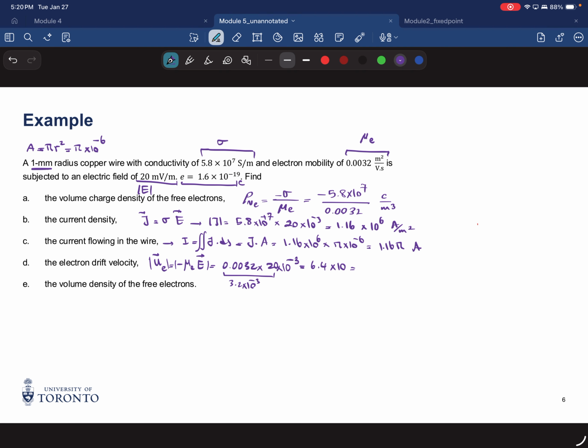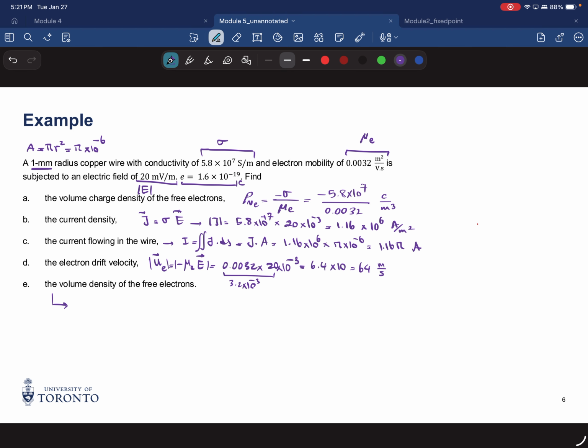And this is 10, so 64. And that is meter per second. Is the math correct? 6.4, 3.2, minus 3, and then minus 3's cancel each other. Right? Good? I think so.